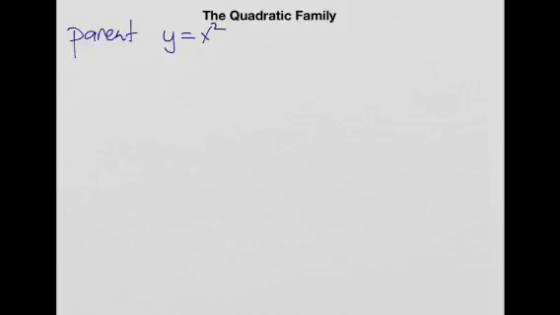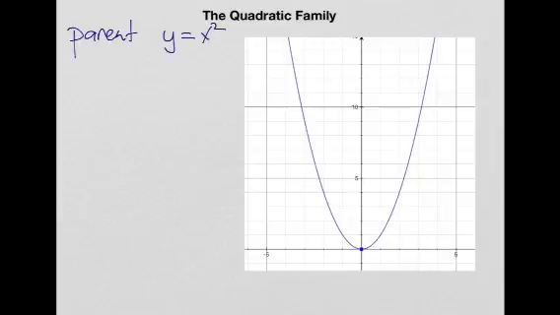So let's look at the graph of this function, y equals x squared. The graph is shown here on the right, and this is called a parabola. It's kind of U-shaped.